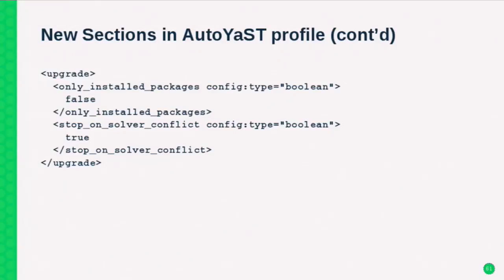Then stop on solver conflict. Does everybody know what solver means? Yeah, so the solver is the part of the system which evaluates which packages should be installed or upgraded in order to satisfy all the RPM dependencies. Sometimes, or we hope almost always, it works out of the box.